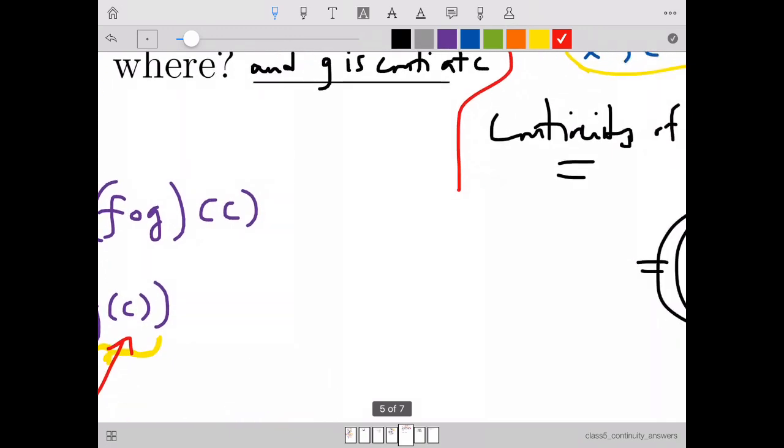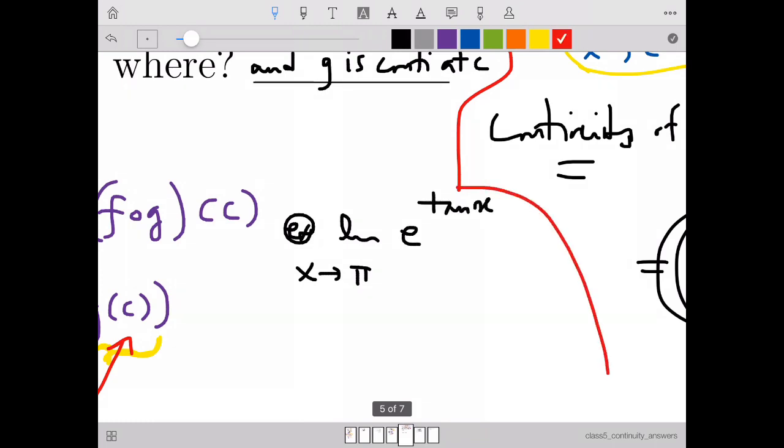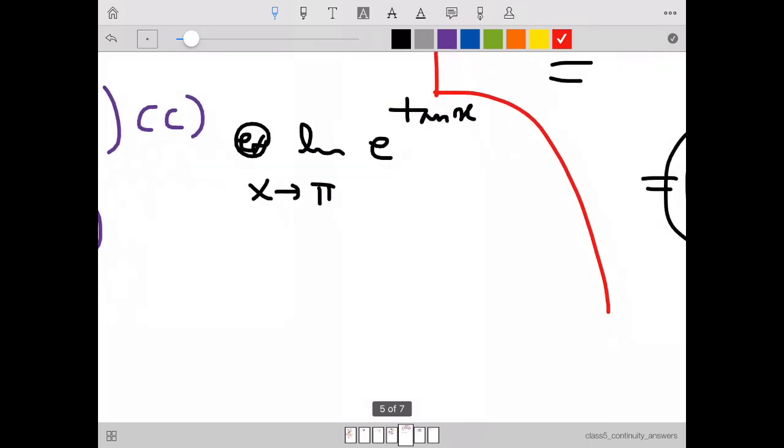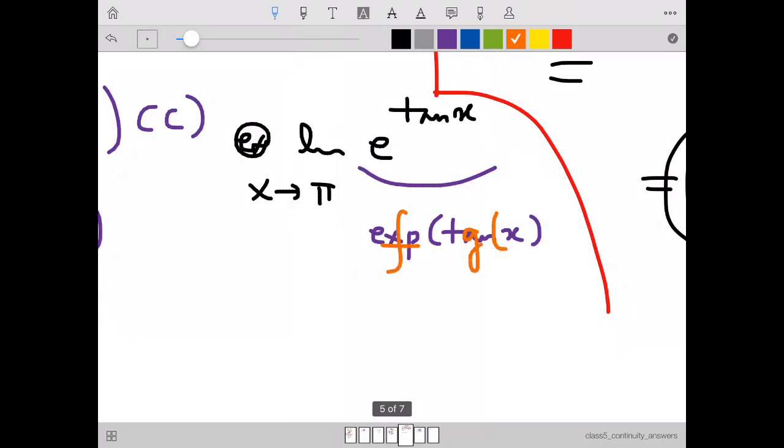So for example, suppose I want to find the limit as x approaches pi of e to the tangent x. This is nothing but exp of tangent x. So I can think of this as f and think of that as g.